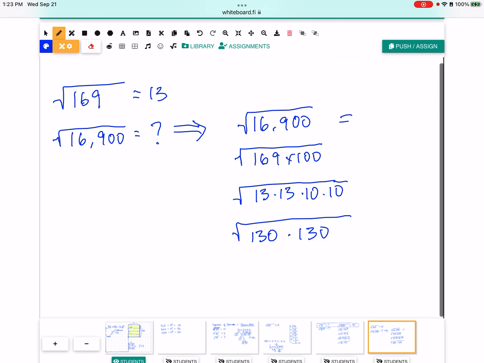So the square root of 16,900 is going to be 130. And you can check that out. Try to multiply 130 times 130, and you should get 16,900. All right.